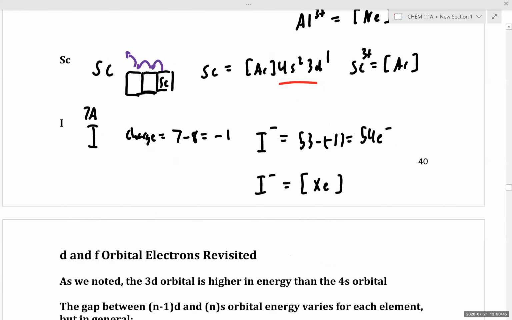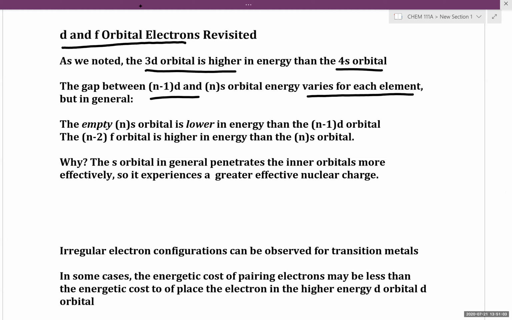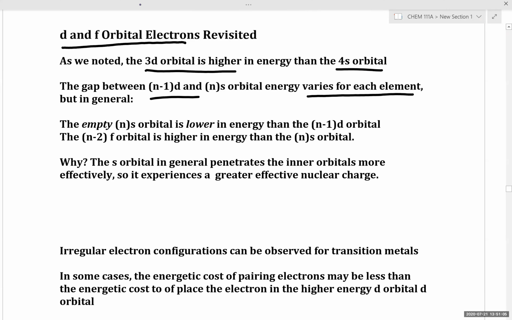Okay, so let's discuss and focus in on the d and f orbital electrons. As we noted, the 3d orbital is higher in energy than the 4s orbital. Now this gap varies for each element, but in general, and note this key word here, the empty s orbital is lower in energy than the d orbital.